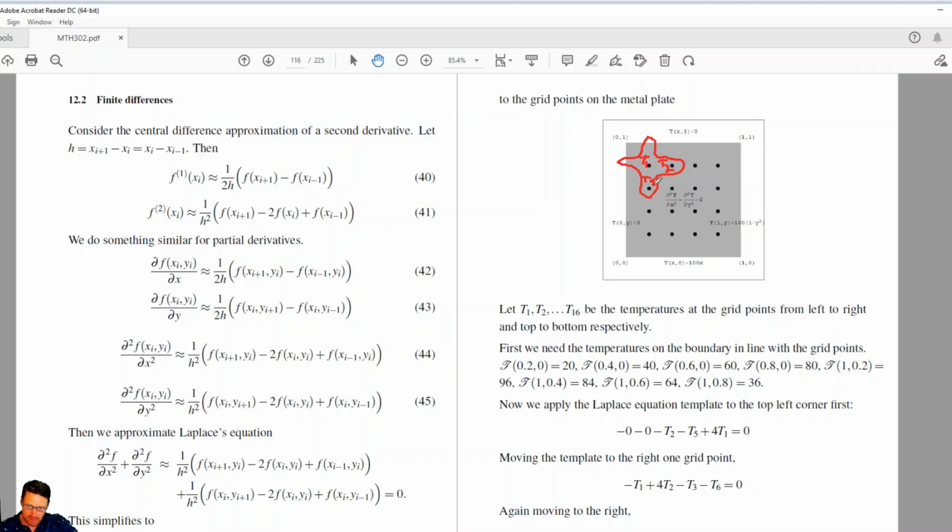It's a bit hard to draw here in Paint. And then we know this value is 0 because we checked the boundary. This is 0 here. So that's how we formulate this equation down here.